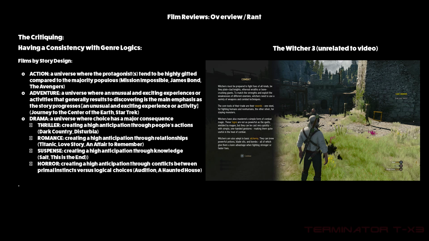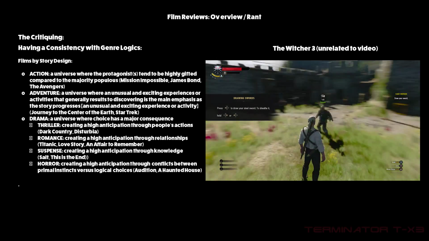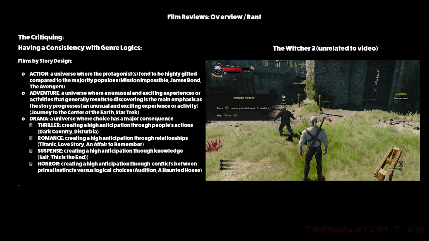What I just went through is films by story design. The next one will be films by presentation style. So this will be animation, documentary, live action, musical, and silent. These styles can fit into any genre.